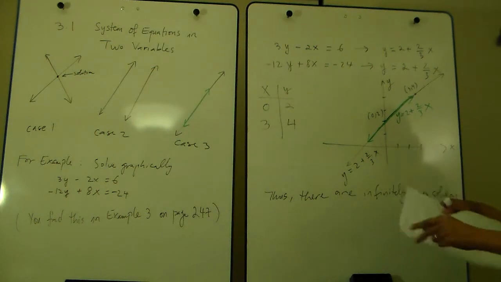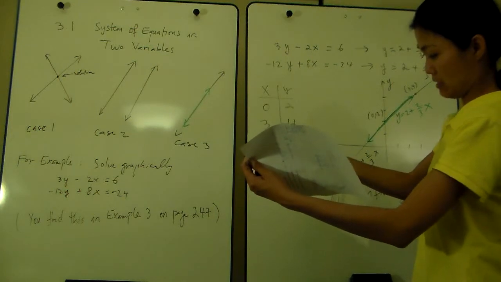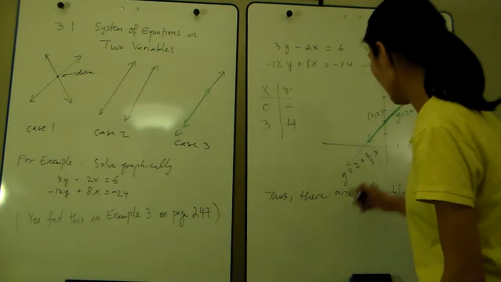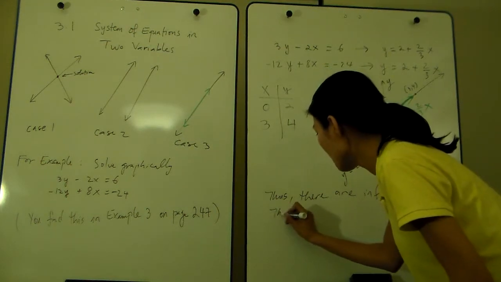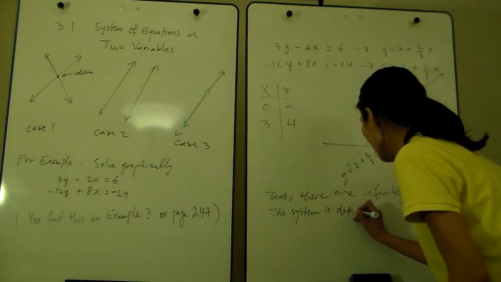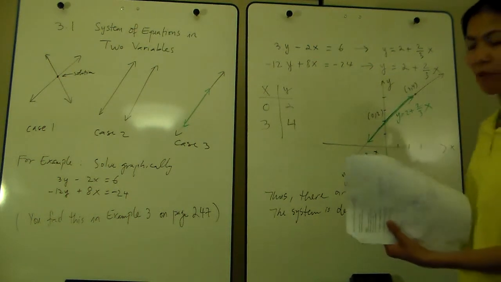Now, let's look at the definition of independent, dependent. If you have the same line, it means it's dependent. So in this case, you say the system is dependent, because they represent the same line.